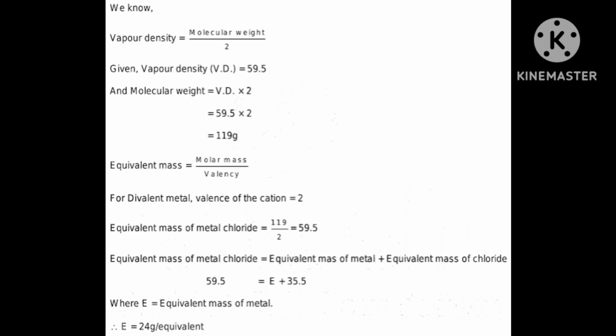After knowing the valency, if you multiply it with equivalent weight, that is equal to the exact atomic weight. So I told you two methods: one is the relation, the other is Dulong and Petit's method.